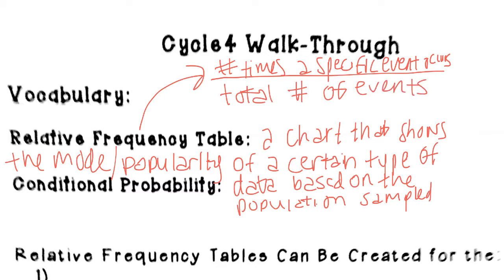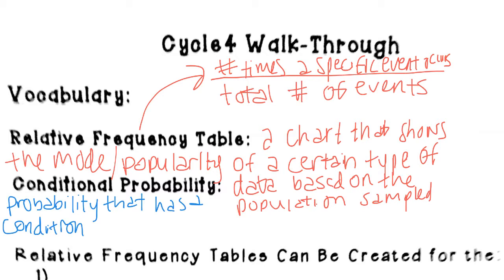So if we look at conditional probability, that is a probability that may limit the sample space. Okay, so it's a probability that has a condition that might limit the sample space.